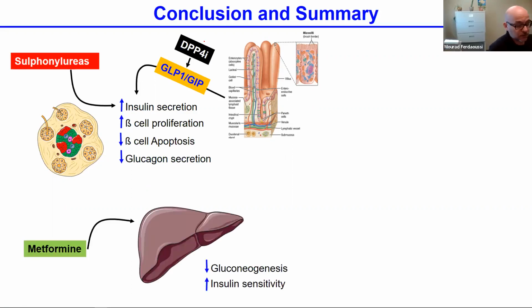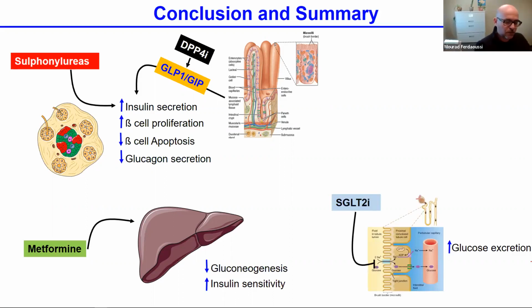Another magical treatment for diabetes is metformin, which is very potent to improve insulin sensitivity and reduce gluconeogenesis. So we know that this drug works to treat diabetes, but we still don't have the exact mechanism by which metformin improves the glycemia.